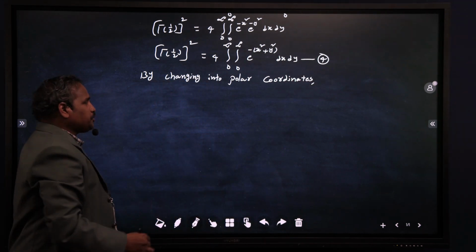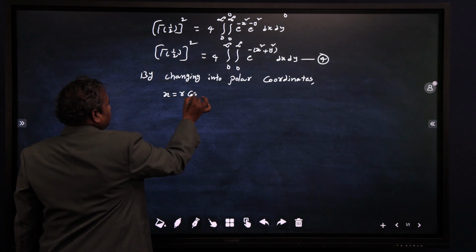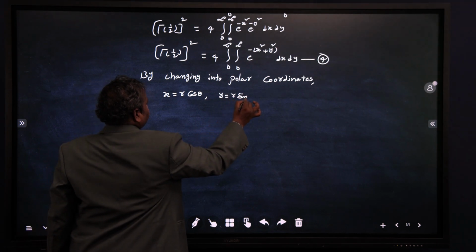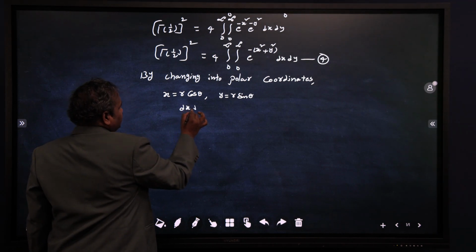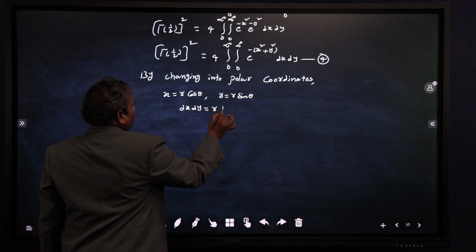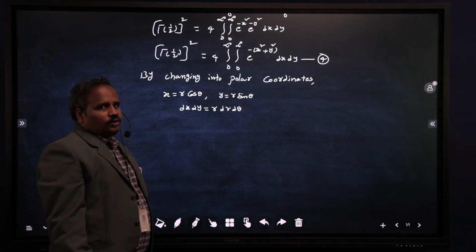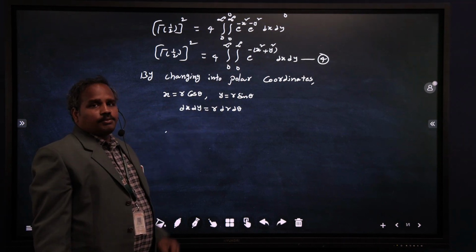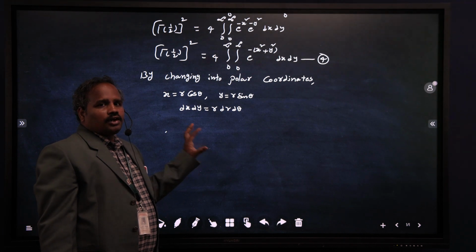Use the substitution x is equal to r cos theta, y is equal to r sin theta, and dx dy is equal to r dr d theta. This is the conversion into polar coordinates. That means this integral converts into r comma theta. Now we want to evaluate the limits of r comma theta.